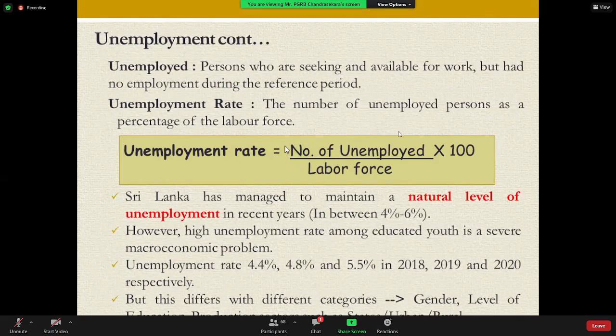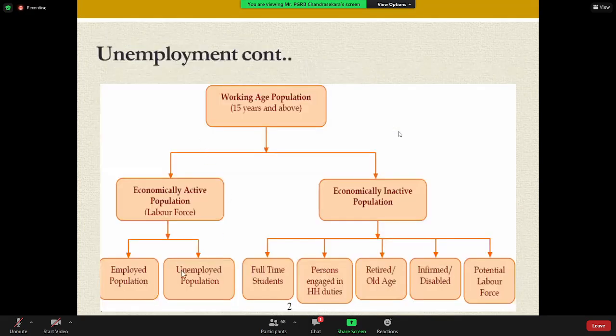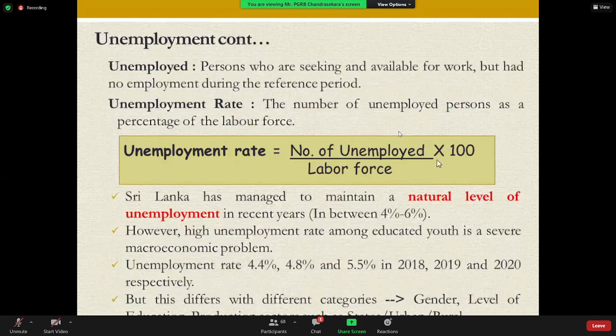Unemployment rate means the number of unemployed, this category, divided by the labor force, multiplied by 100. That is the way we calculate the unemployment rate.